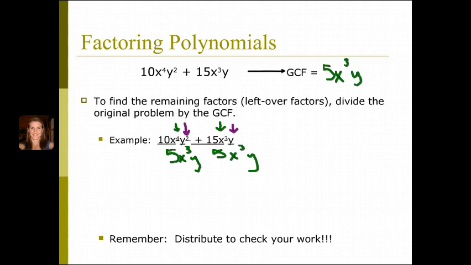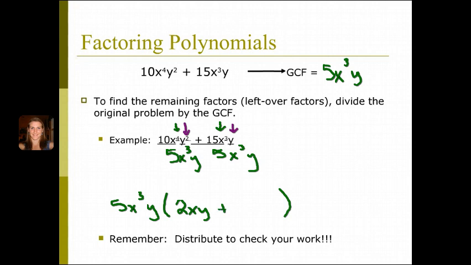So we pull that on the outside of the parentheses, and then we do our division to find out what the leftover factor is. So 10 divided by 5 is 2. X to the 4th divided by x to the 3rd just gives us x. Y squared divided by y gives us y.